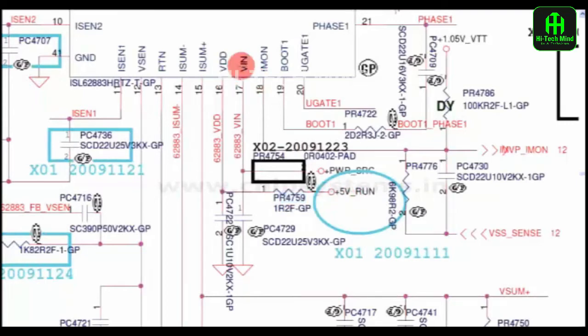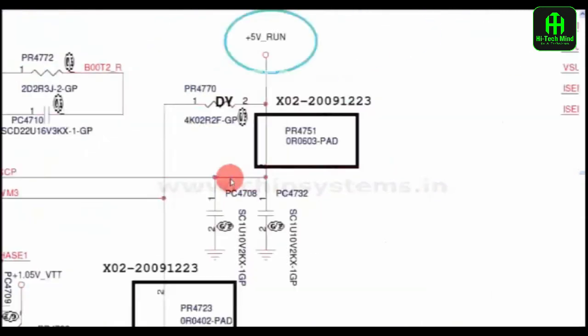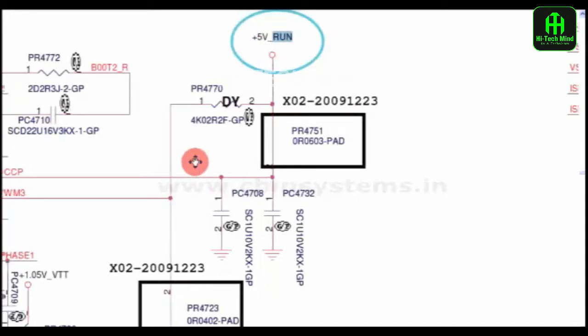Next pin number 17 mentioned V in, that is the battery power supply of the IC. Next, see here pin number 25, it mentioned VCCP, that is the internal MOSFET gate driver input supply voltage. This 5 volt is coming from the 5 volt regulator section.